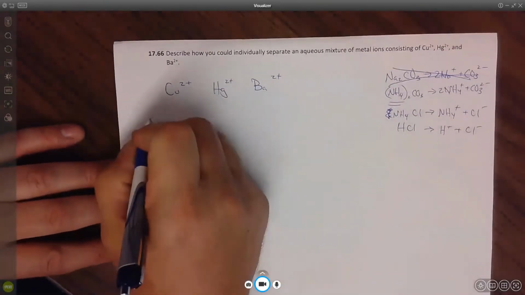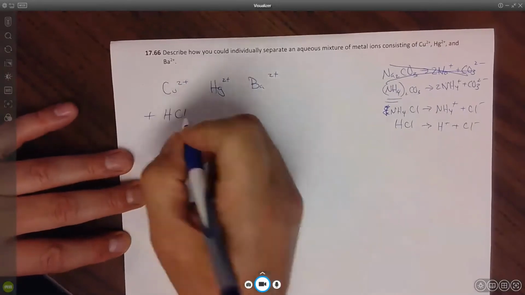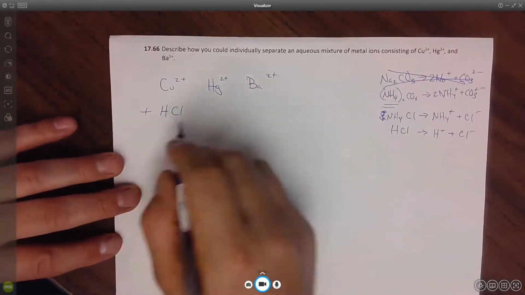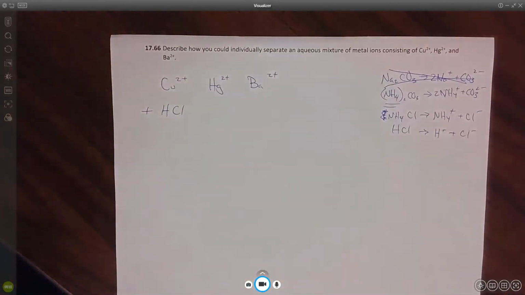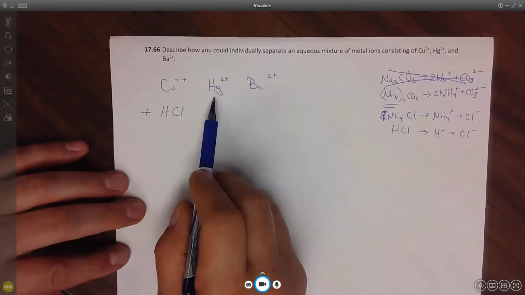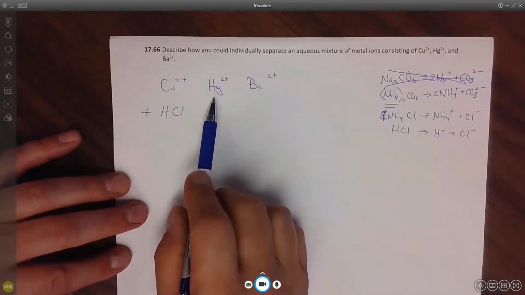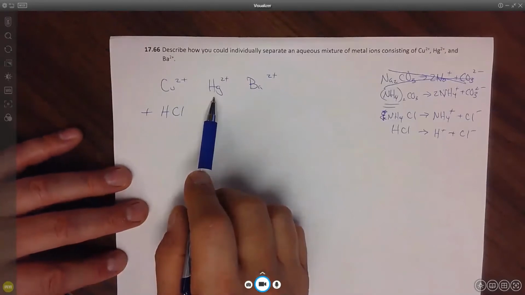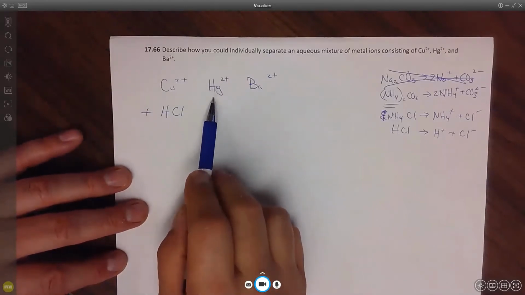So if we add HCl, the HCl is going to cause what to precipitate? That's going to cause the Hg2 2+ to precipitate out. Exactly, because rule number 3 says that most chloride, bromide, and iodide salts are soluble with the exception of silver, mercury, and lead.